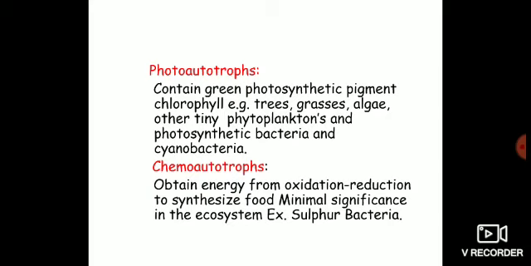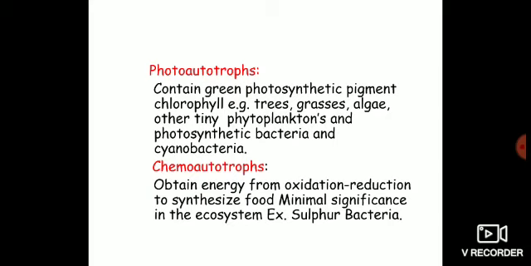And in this category you have trees, grasses, algae, other phytoplanktons, and photosynthetic bacteria along with cyanobacteria, blue-green algae. Okay, and the second category of autotrophic organisms is chemoautotrophs. Those autotrophic organisms which obtain energy from oxidation reduction reactions to manufacture their food material are known as chemoautotrophs.